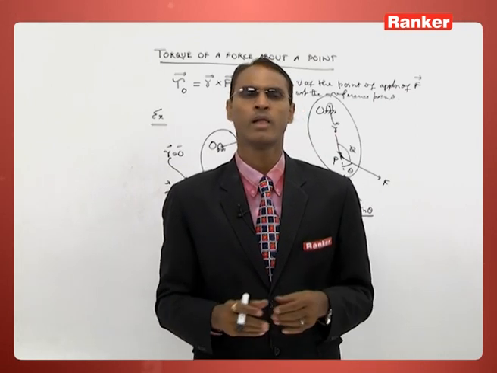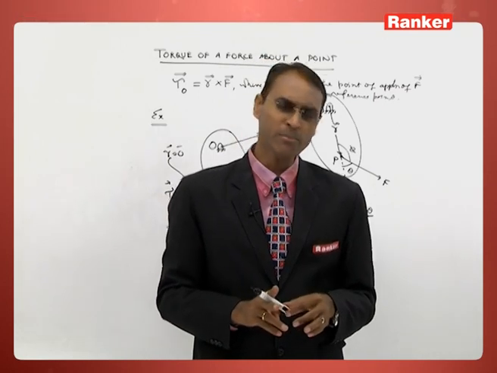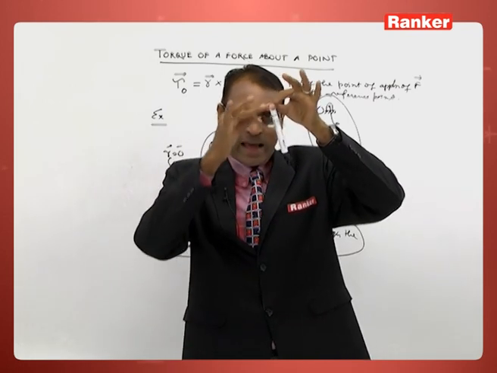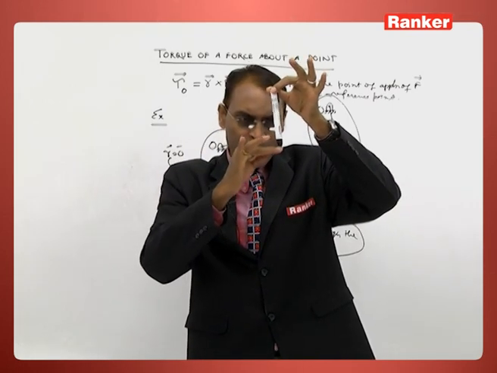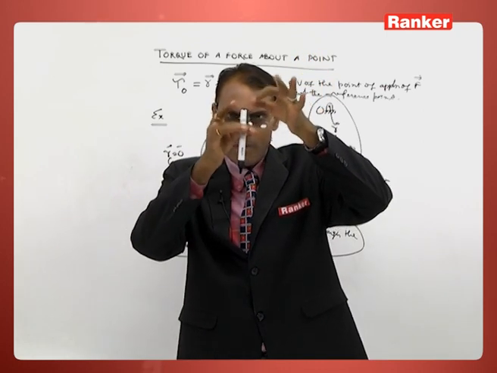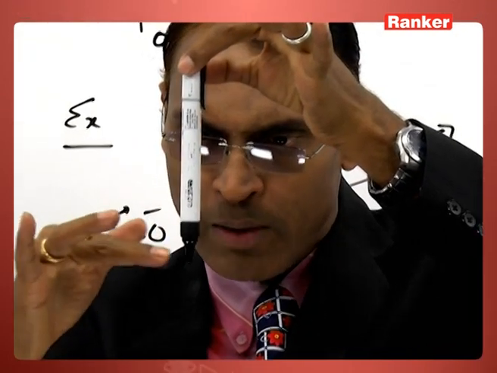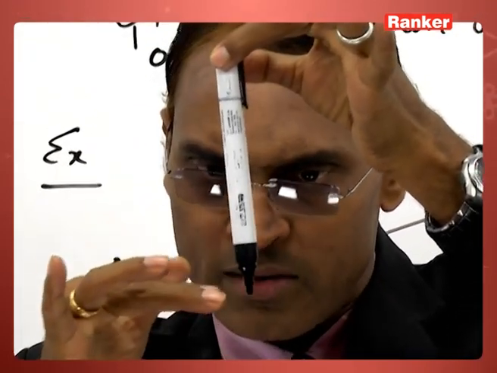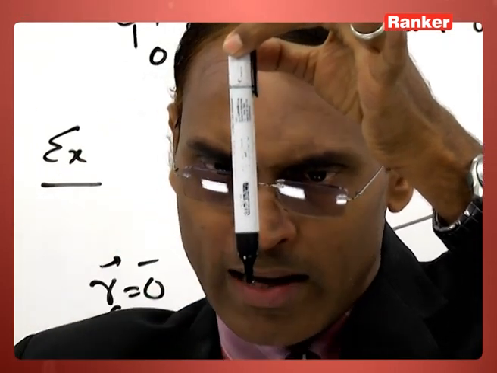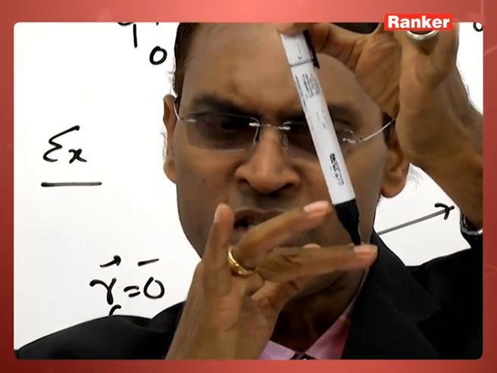It can be zero, it can be non-zero, it can be maximum. The maximum turning effect you get when you apply the force at the furthest point, at the tip of the pen. There is the pivot. To have the maximum twisting effect, we should apply the force at the furthest point, at the tip of the pen. And as much as possible, you have to push it or pull it.